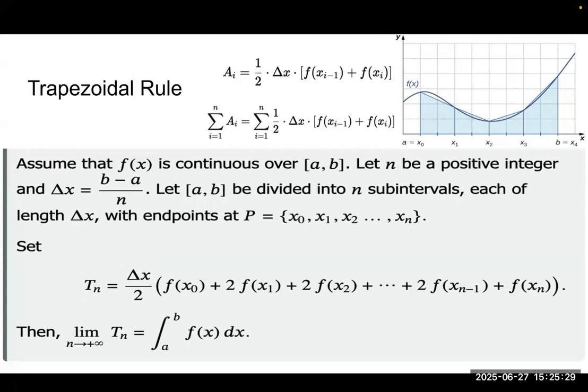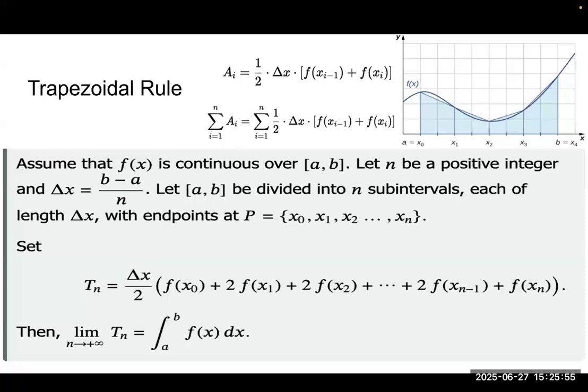And for this also, delta x is the same, (b minus a)/n, and now we have a different formula for the area of the trapezoid, which is 1/2 times the left height plus the right height.